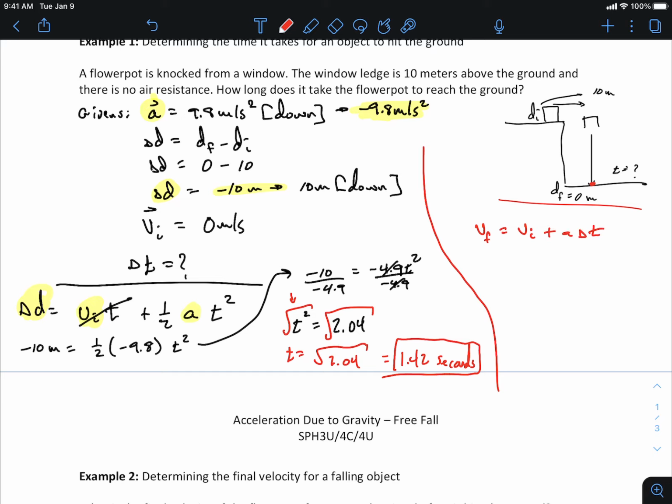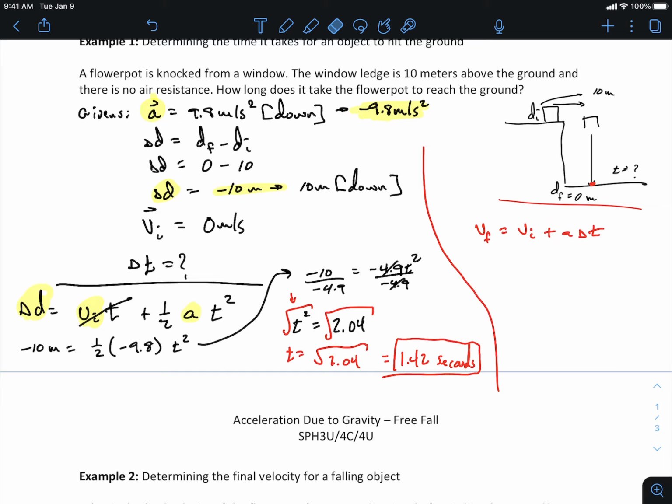What you'll see is I'll probably end up doing this. They're interchangeable. Vi is v initial, or v1, and vf would be v2. You'll probably see me do that in solutions, or you might see somebody else's solutions, or Khan Academy, or something. Just so you're aware, same thing.